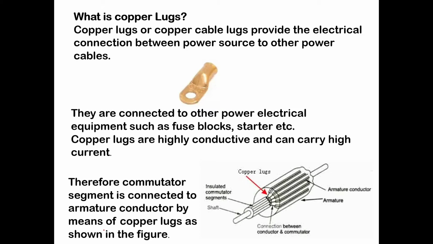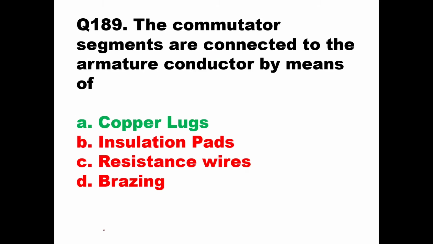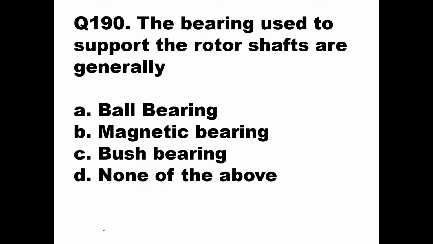They are connected to other electrical equipment such as fuse blocks, starters, etc. Copper lugs are highly conductive and can carry high current. Therefore, a commutator segment is connected to the armature conductor by means of copper lugs, as shown in the figure. So option A, copper lugs. Then we'll go to the next question.